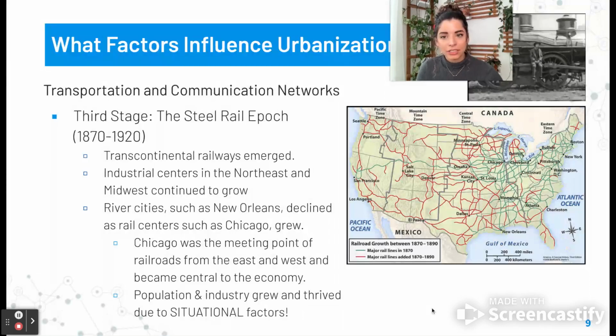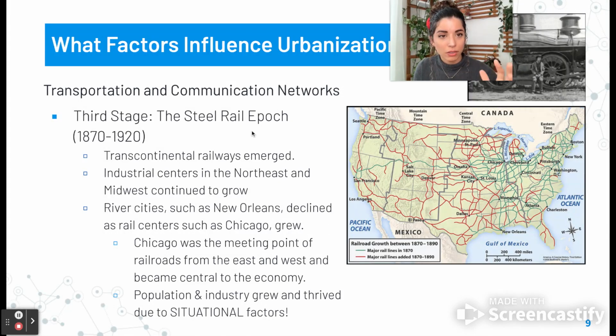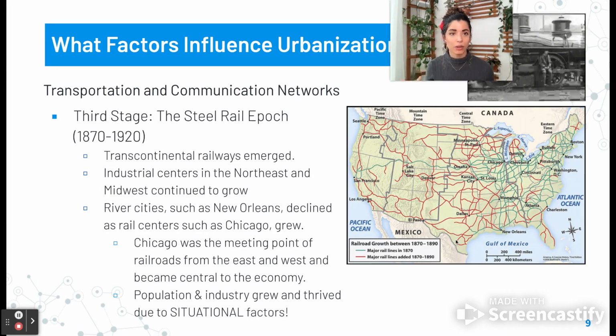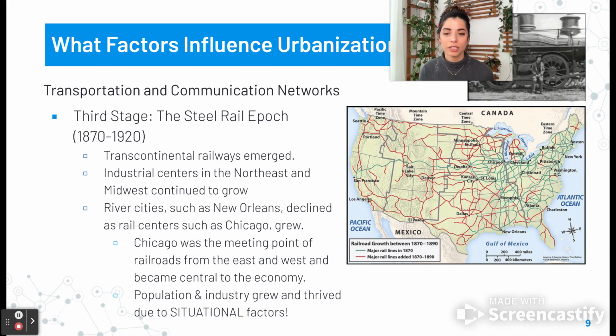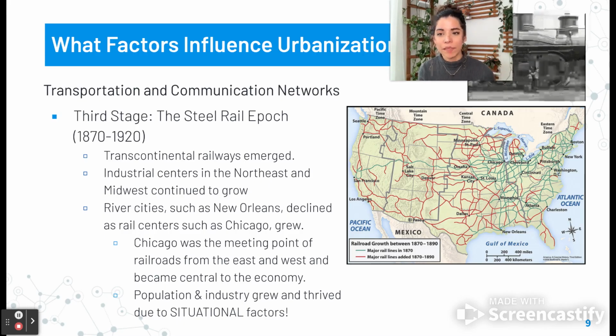Then the third stage is the steel rail epoch, so from 1870 to about 1920. So here we have transcontinental railways. So much longer transportation networks that are then able to connect so many more parts of the country. So then places were not as limited because of this transportation technology.